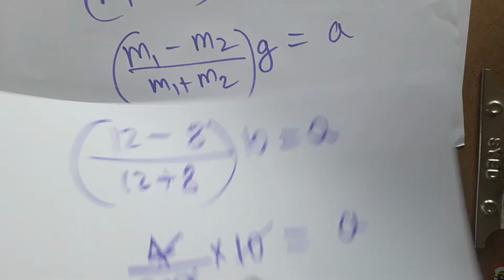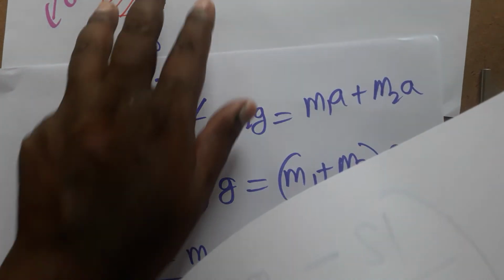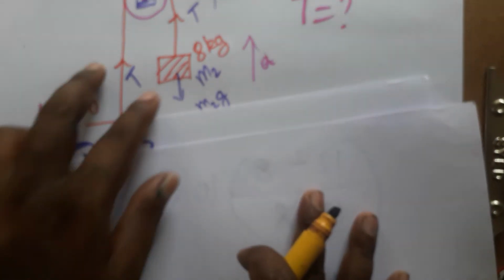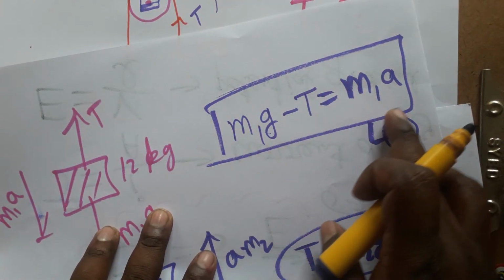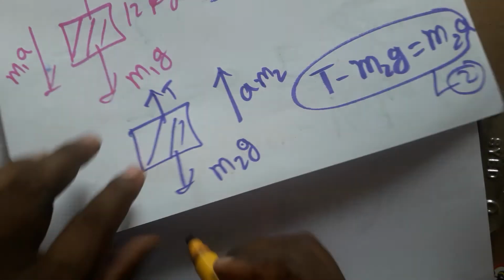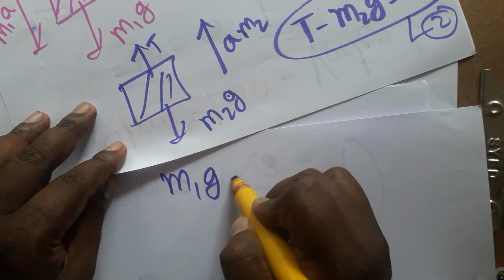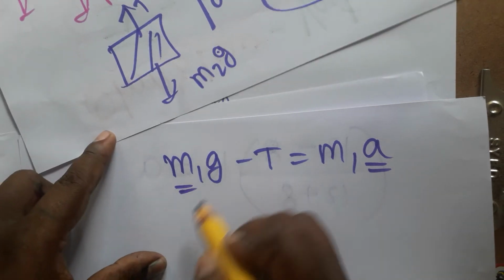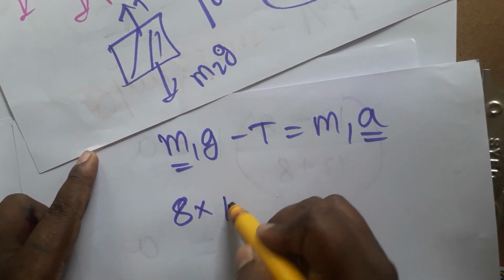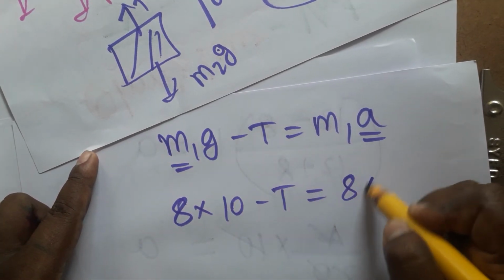Okay, now I'm going to find the tension. Any one of the equations you can take, whether equation 1 or equation 2. Since we found a, we are going to find the tension now. So I have taken the first equation. m1 times g minus T is equal to m1 times a. In the first equation, a is 2, m1 is 8. So 8, g is 10, minus T is equal to 8 into 2.